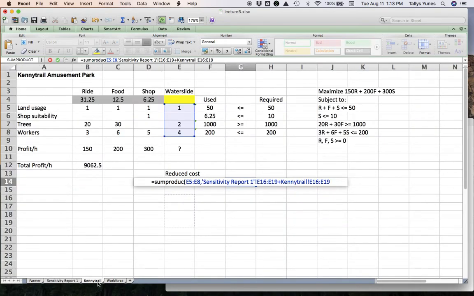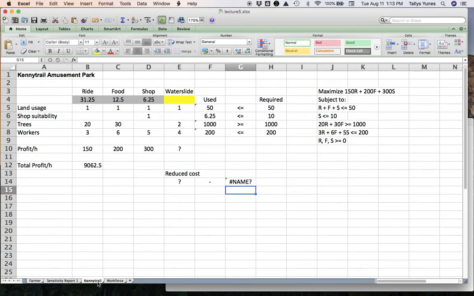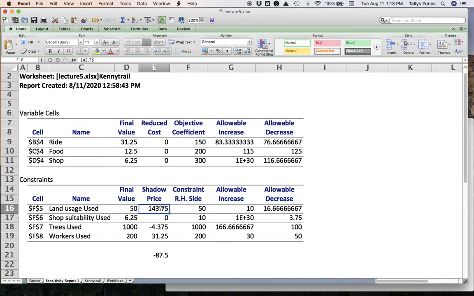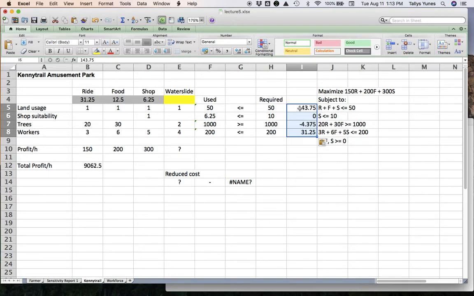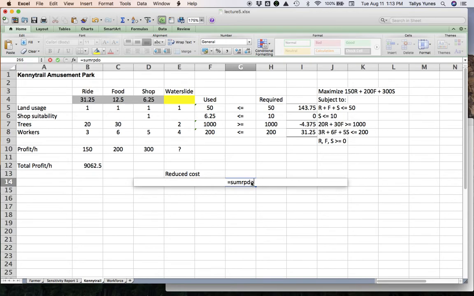And if I go back there, let's see if this cross-tab calculation works. Not really, right? So let me do this. I'm just going to make this simpler. Let's take these numbers here, copy them, and paste them here as the shadow prices. Okay, and now I'm going to calculate the product. Some product.